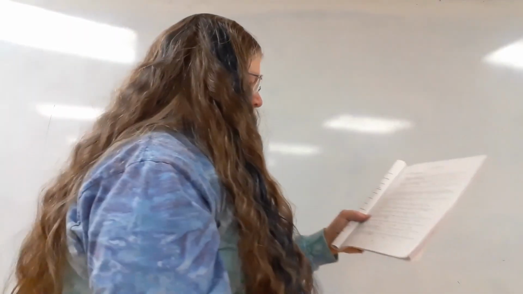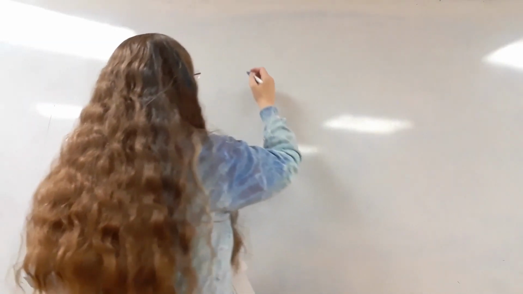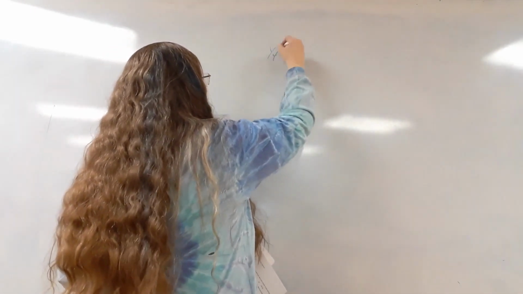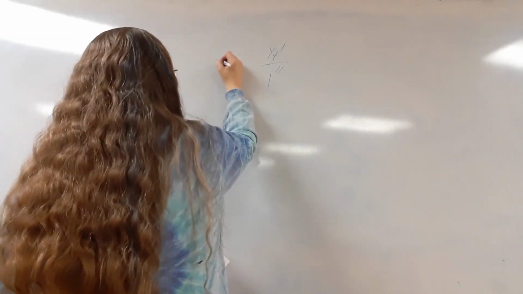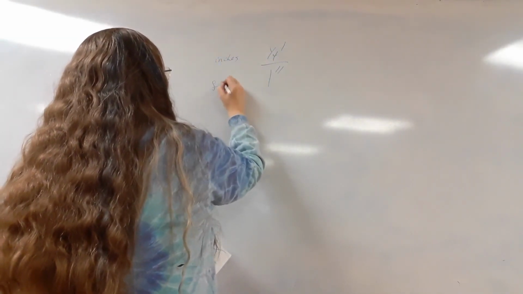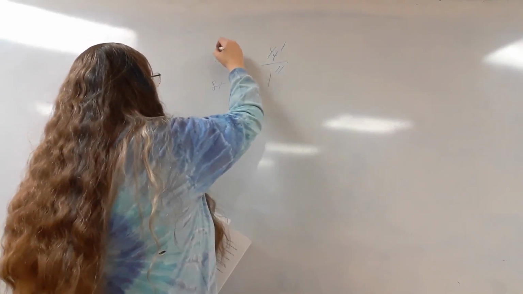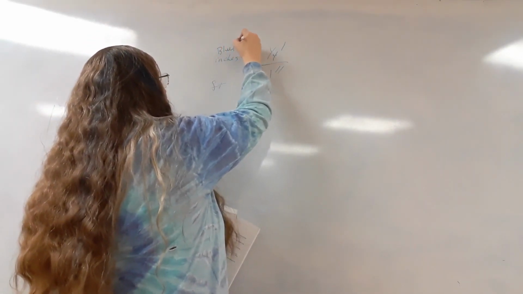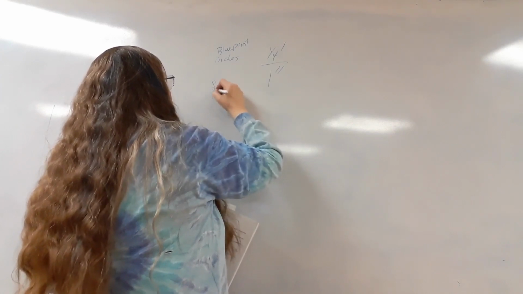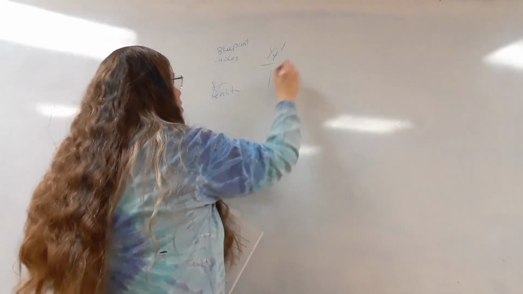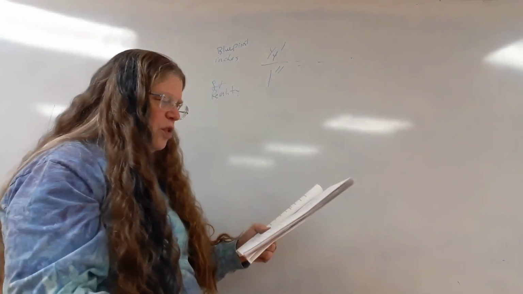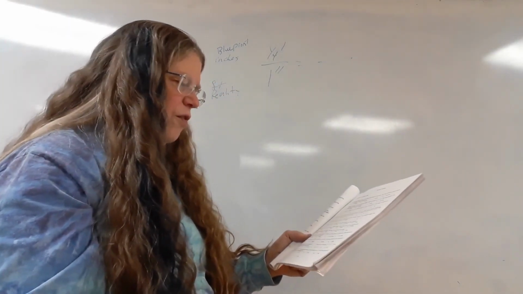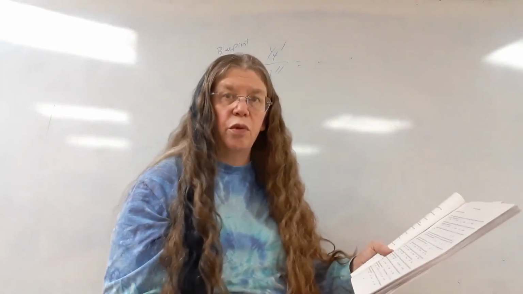Let's do another one. The scale of the blueprint for the barracks is 1/4 inch equals 1 foot. Okay, this is inches, this is feet. Okay, this is inches on the blueprint. This is feet in reality. If the day room measures 7.5 by 12.5 on the blueprint, what is the actual room size?